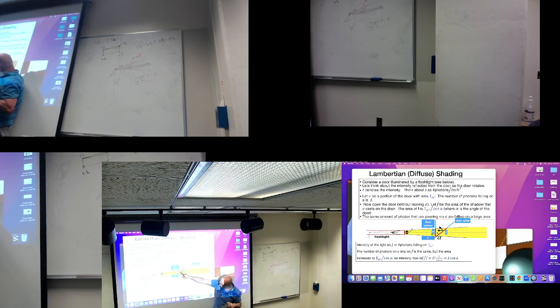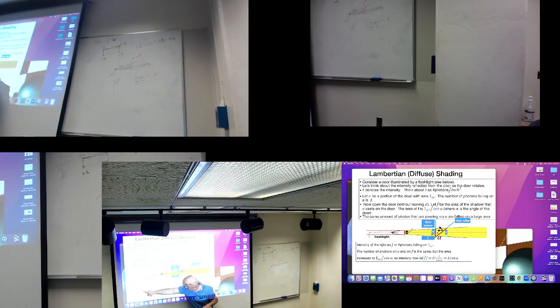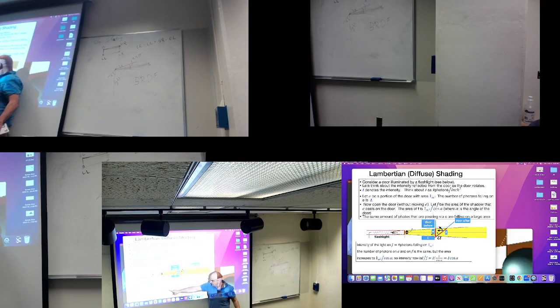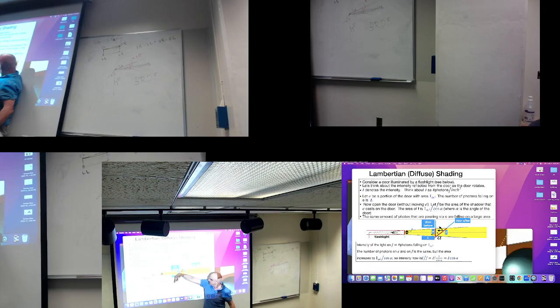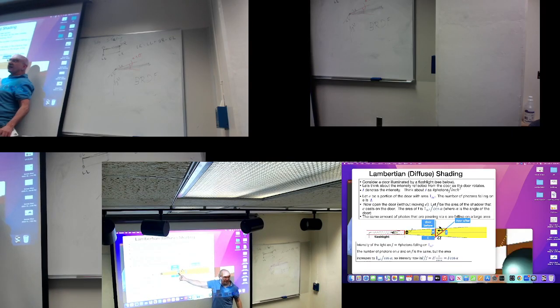Now the area that the 3 photons are falling on is not 1 inch, but an area of 1 inch divided by cosine alpha. This length divided by this length is cosine alpha.